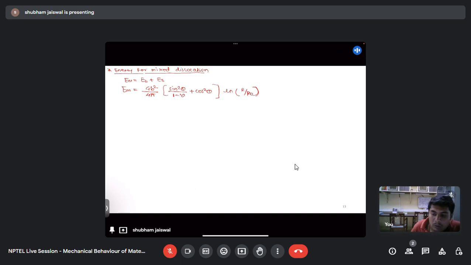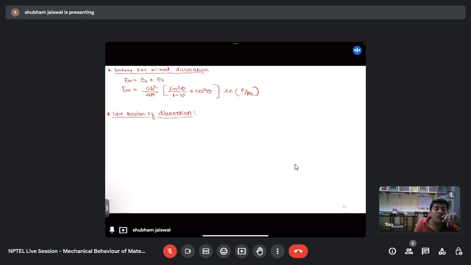Then after this, we have seen the concept of the line tension of dislocation. Suppose we increase the length of a dislocation; that will cause an increase in the energy of the dislocation. As we already talked, dislocations try to minimize B as much as possible.